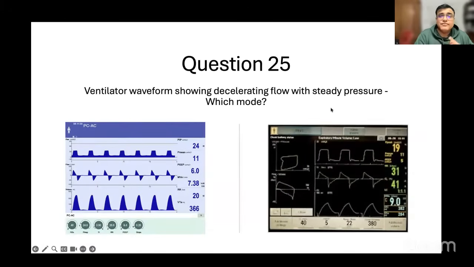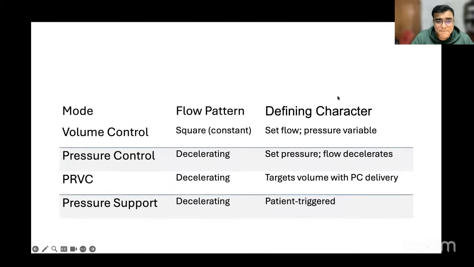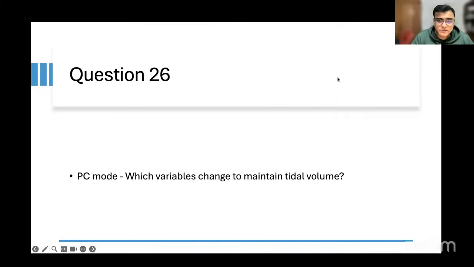So if pressure control ventilation was an option, or if PRVC was an option, one of those would have been the correct answer. There was another question somebody had recalled, that in pressure control mode, what variable to change to maintain tidal volume? So obviously pressure, you have to increase the pressure to increase the tidal volume. So if this was the question.